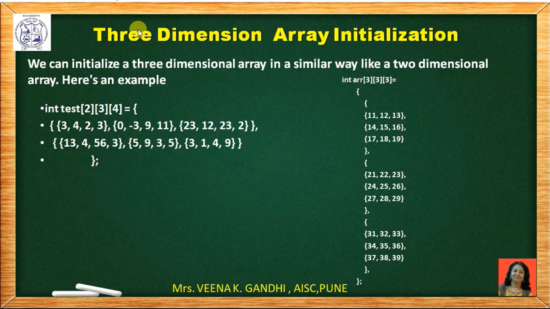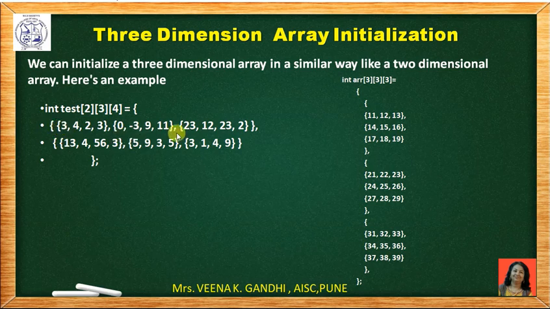Now, how to initialize the 3-dimension array? Similar to the 2-dimension array, we can initialize the 3-dimension array like this. Here int test has 2 sets or 2 tables, and each table has 3 rows and 4 columns. So in curly braces, here are the 2 sets.